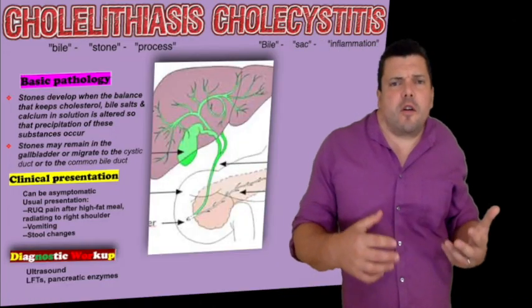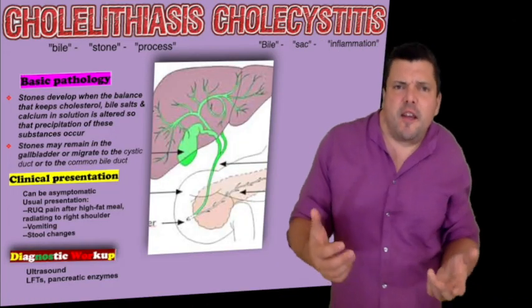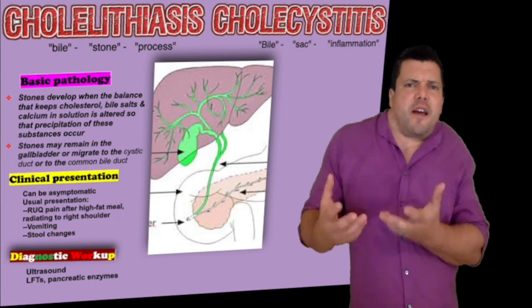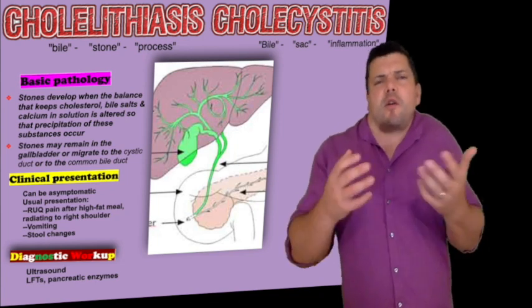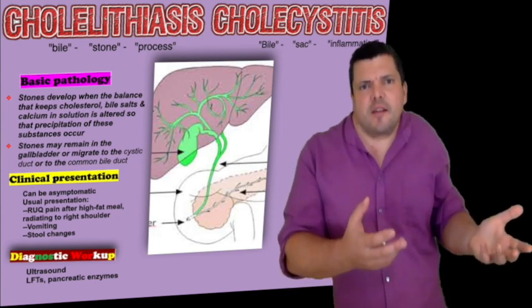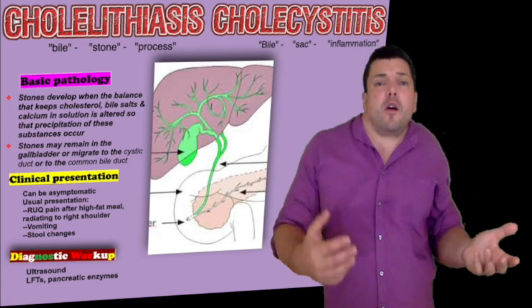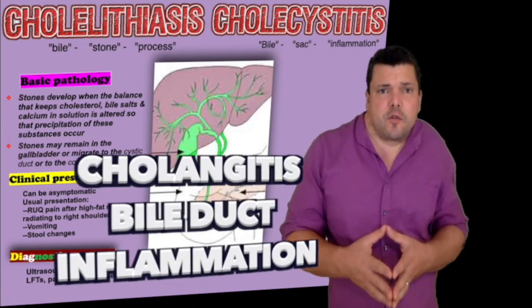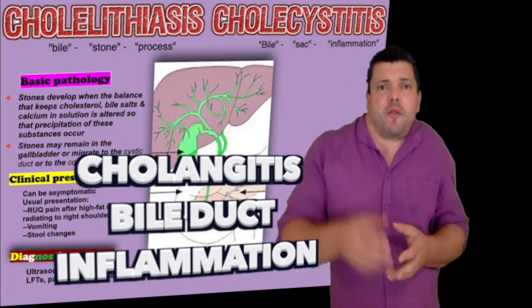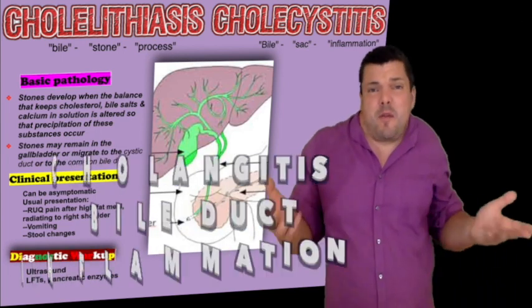Once obstruction occurs, that's where things start to inflame, and you go from a cholelithiasis clinical picture to a cholecystitis clinical picture, or cholangitis, which is inflammation of the bile duct, or maybe both.